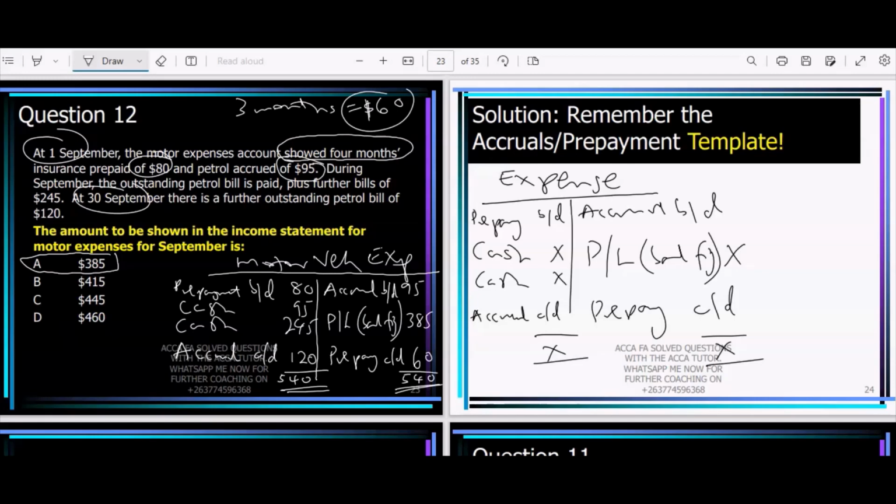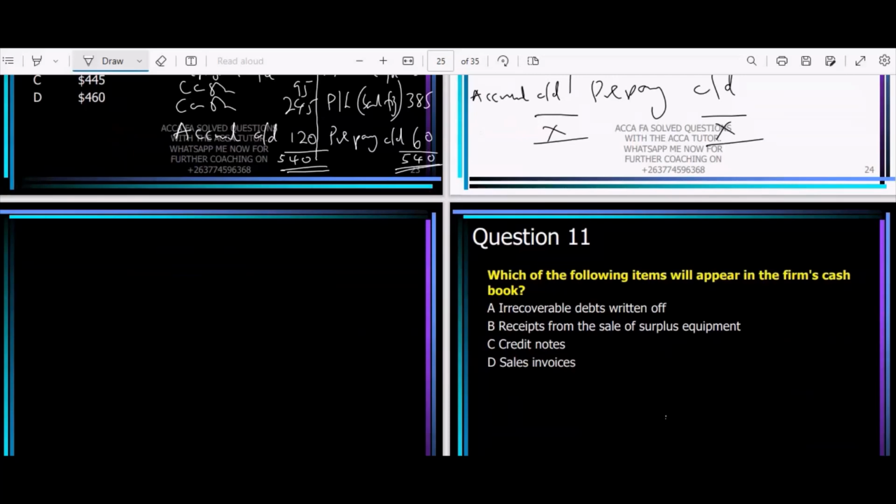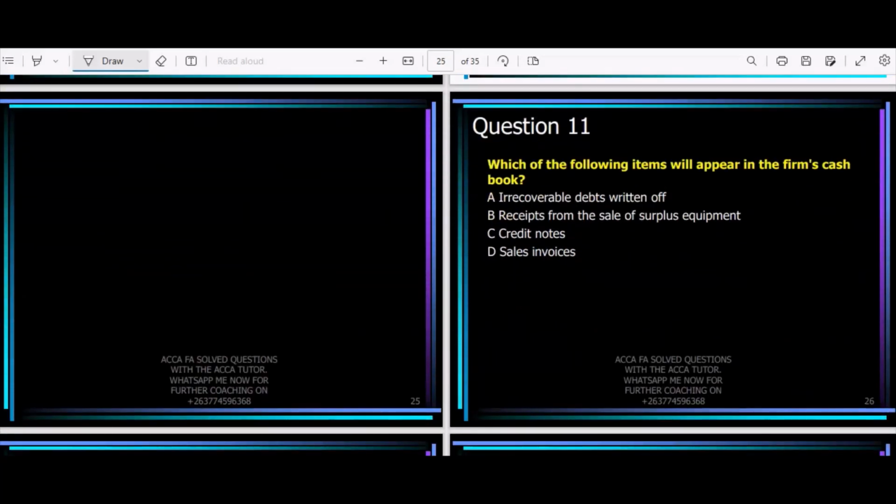Okay, let's move on to the next question. Now, the next question, ladies and gentlemen, is testing us about our understanding of the cash book. Which of the following items will appear in the firm's cash book? For the item to appear in the cash book, it should have included the exchange of cash, the movement of cash when it was being recorded.